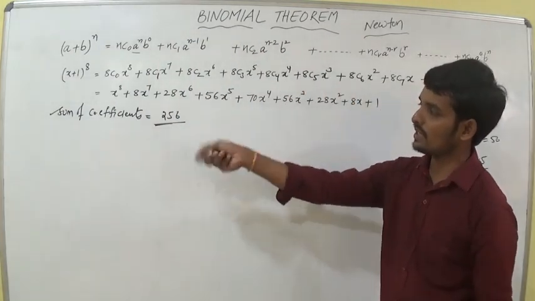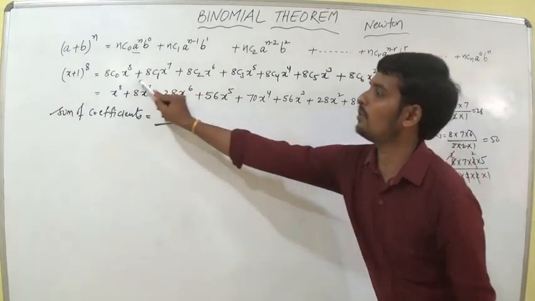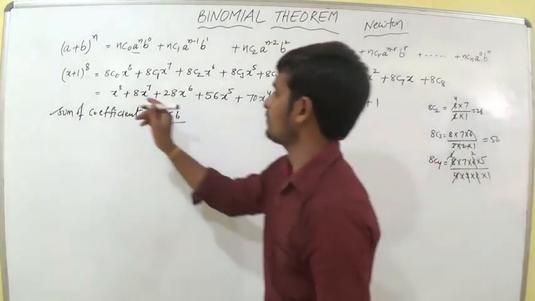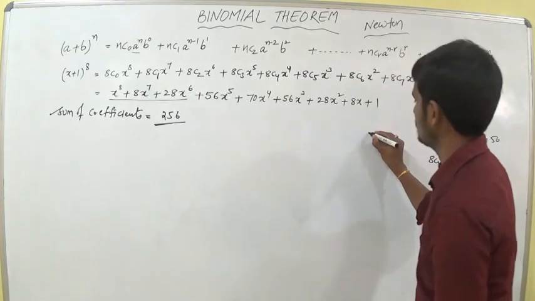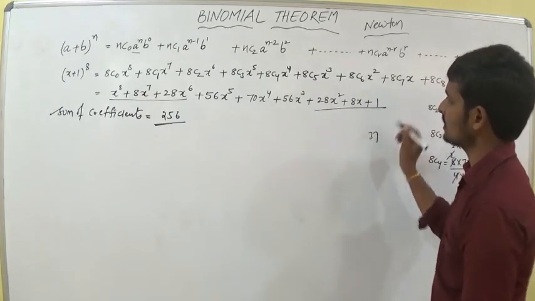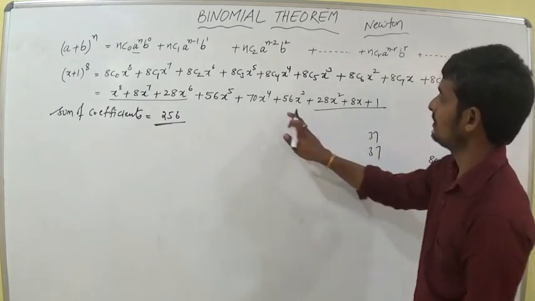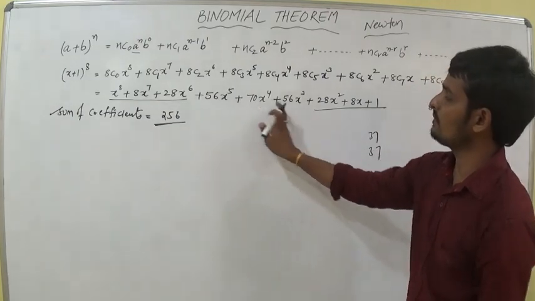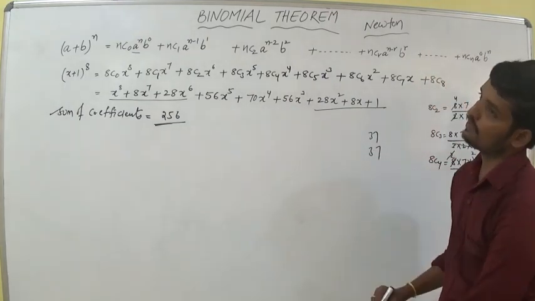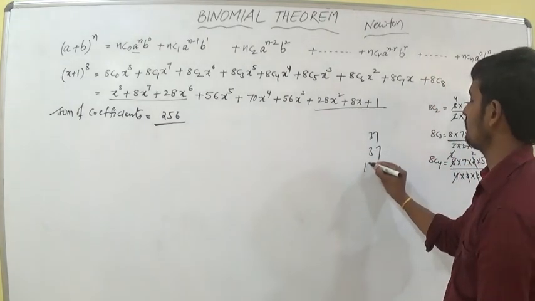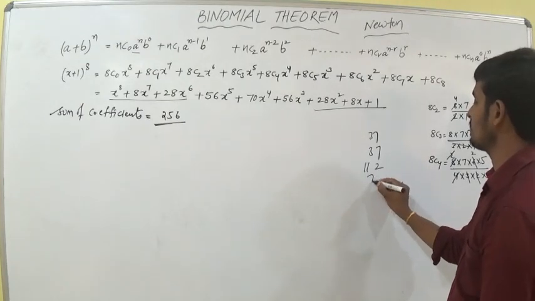We can do it another way: 1 plus 8 is 9, 9 plus 28 is 37. Up to here 37, and again up to here 37. Here 56 plus 56 is 112, and the middle term is 70.